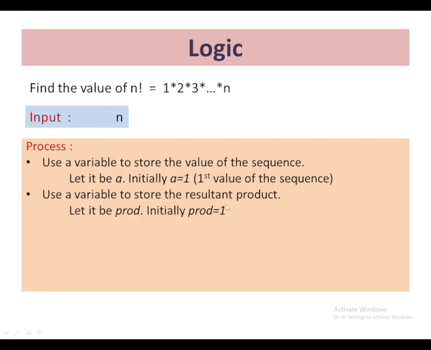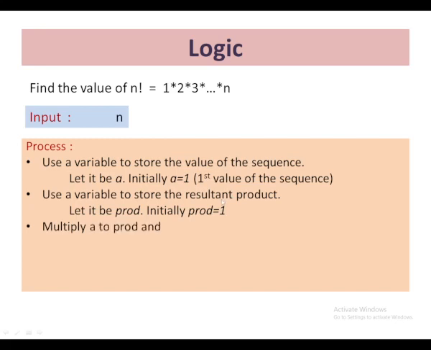Why is it initialized to 1? Because it is multiplication. When you find the product, the initial value should be 1. When you are doing summation, the initial value will be 0. But when you are doing multiplication, I cannot set it as 0, because 0 multiplied by any other value will result in 0. So the initial value should be 1.